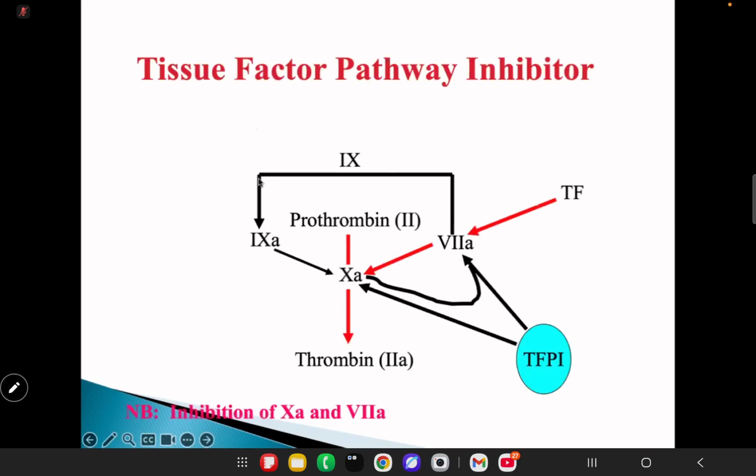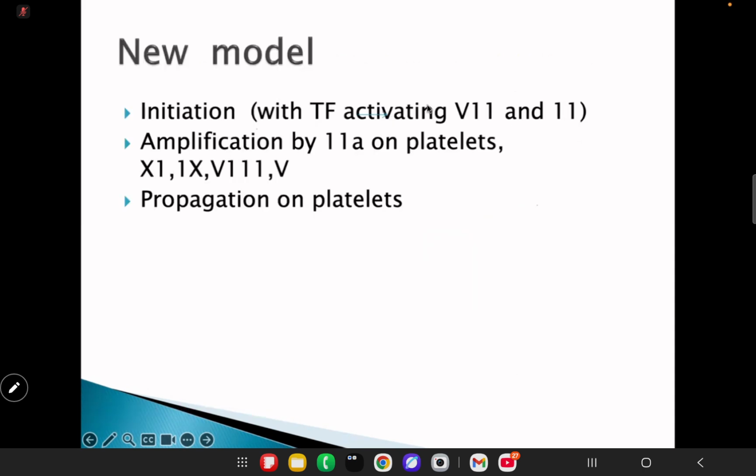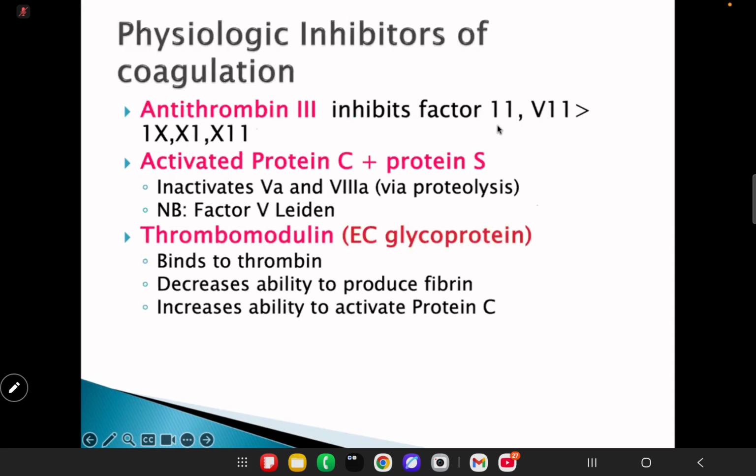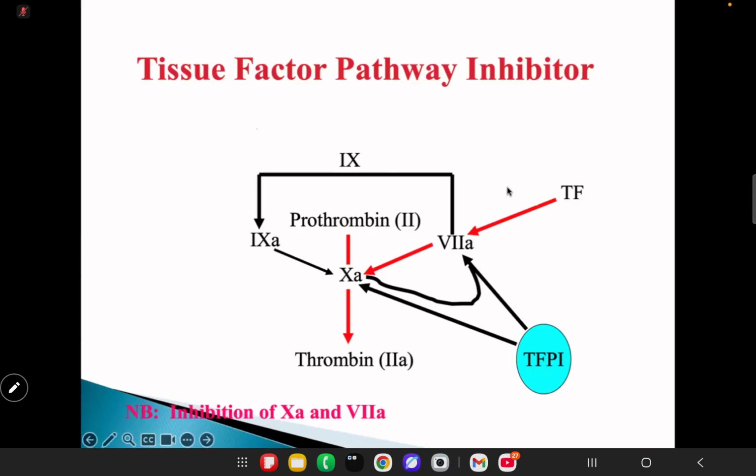Initiation starts with the tissue factor pathway. If you go back to this one, the tissue factor pathway is the initiation they're talking about. Tissue damage starts this, activating factor 7 and factor 2. So factor 7 will be activated and factor 2 will be activated.